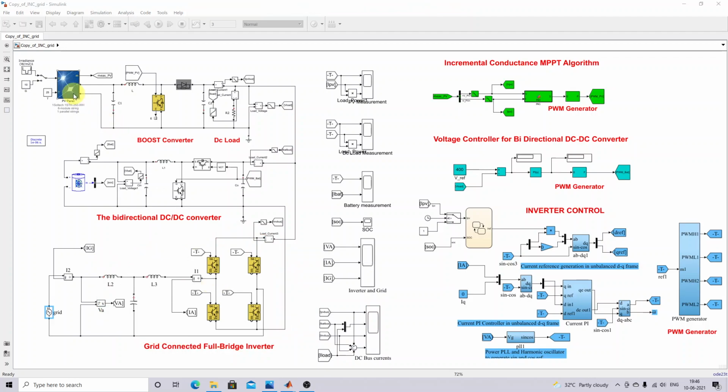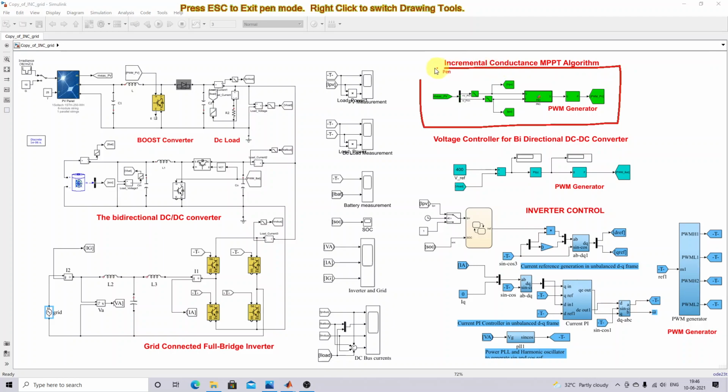So for the solar PV system, we are going to apply incremental conductance MPPT to extract the maximum power from the PV panel. So the detail is available here. Here you can see that we are going to measure the voltage and current of the PV panel, and it's going to be given as input to the incremental conductance MPPT algorithm, and then it will generate the duty cycle.